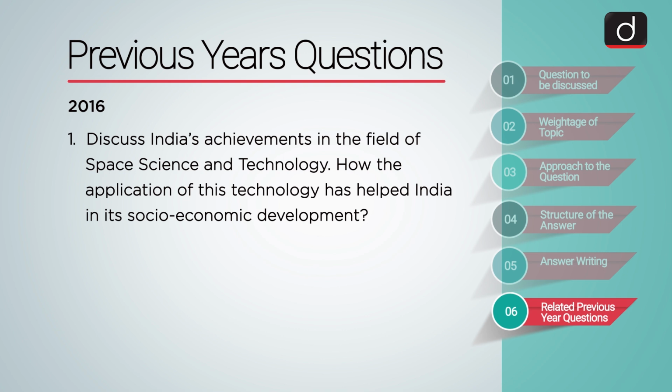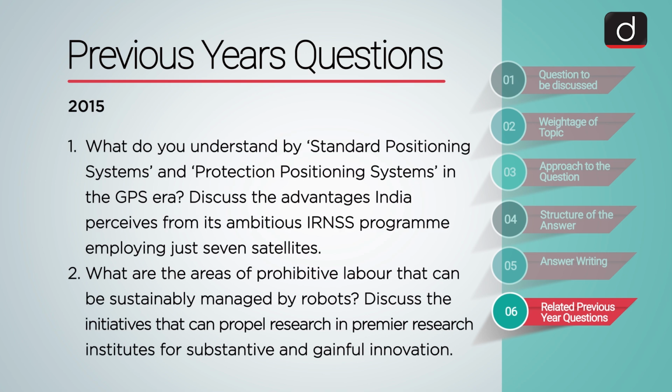In 2016, the following question was asked. Discuss India's achievements in the field of space science and technology. How the application of this technology has helped India in its socio-economic development. In 2015, the following questions were asked. What do you understand by standard positioning systems and precision positioning systems in the GPS era?